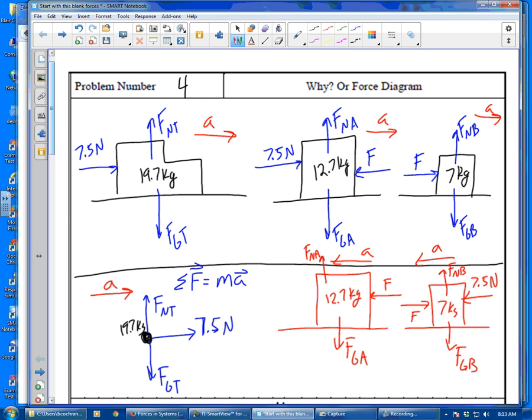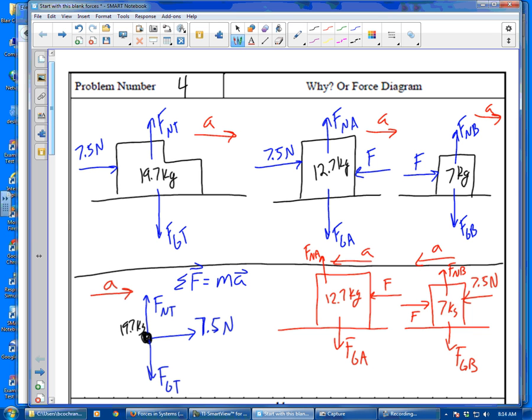And if you look at the difference in the force diagrams, you can see there is going to be a difference. So let's use this one, the 12.7 kilogram box. I'm going to use that one again because it just has fewer forces on it, although I could use the 7 kilogram one.